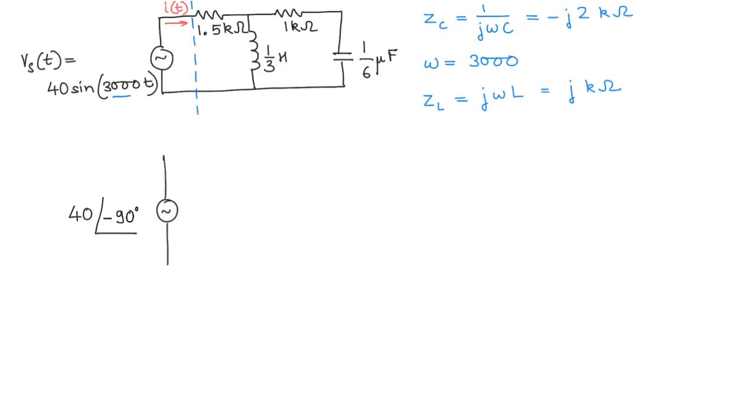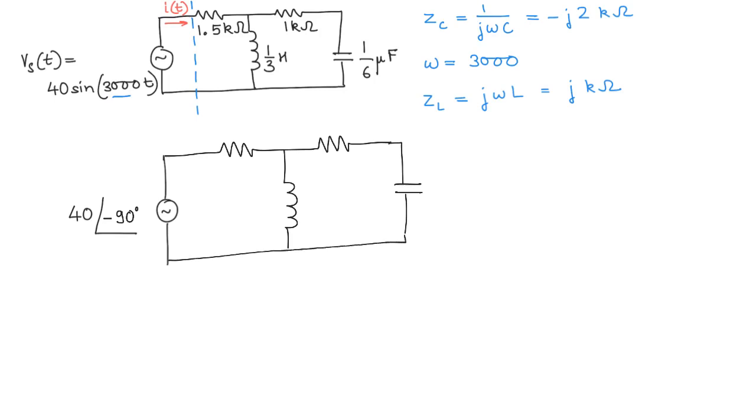Then we can draw our two resistors, and then you have your capacitor here, your inductor here. The impedance of this capacitor becomes minus j 2 kilo ohms.